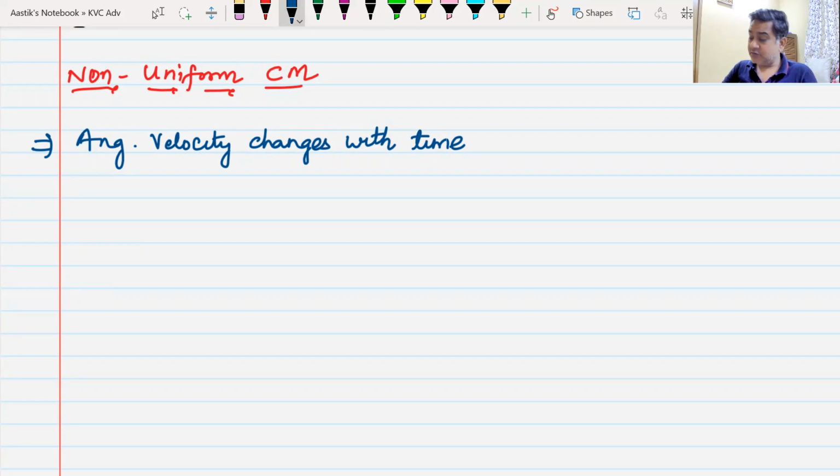Now, since we know that this is non-uniform circular motion, now comes the fifth character in the movie. And what is the name of the fifth character in the movie? Angular acceleration? No. It is also no. Centripetal force?